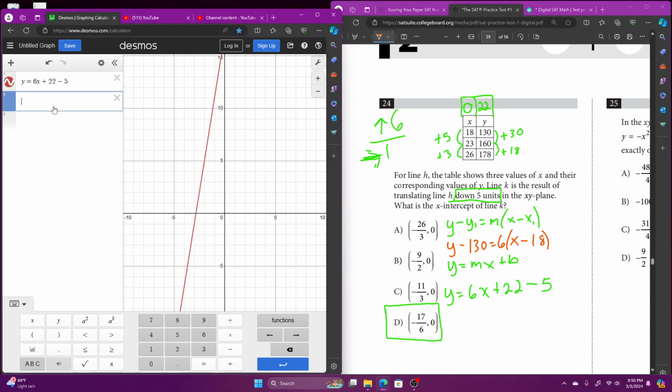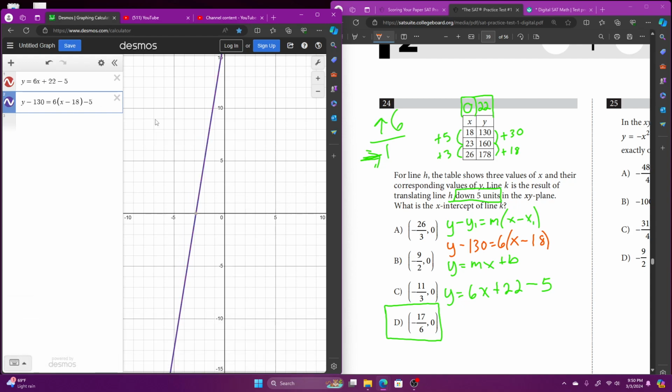Let me double check. Y minus 130 equals 6 times x minus 18 minus 5. Yeah, it's the same exact line here because it just went on top of the other one.